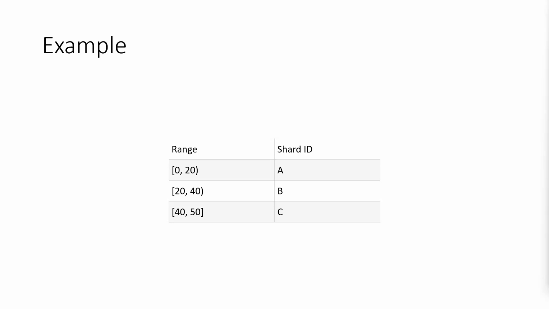For example, let's say how you are going to handle a query. Now let's say we have a query which requests IDs 10 to 30. Can you tell me what shards we need to query?